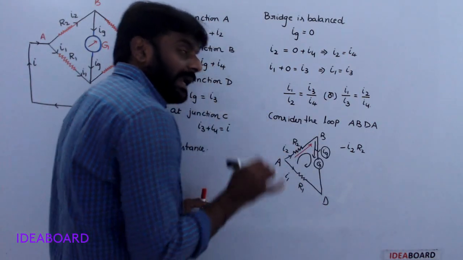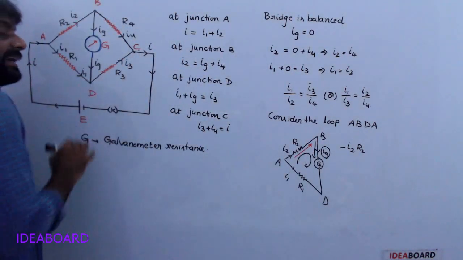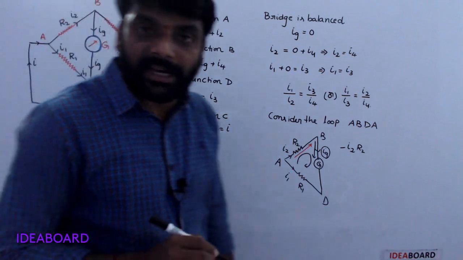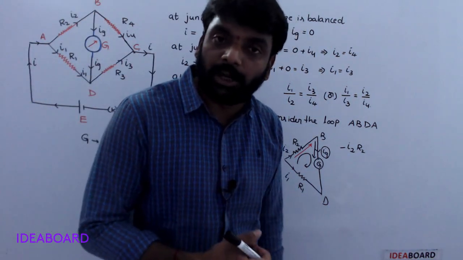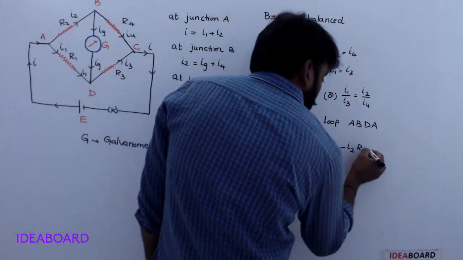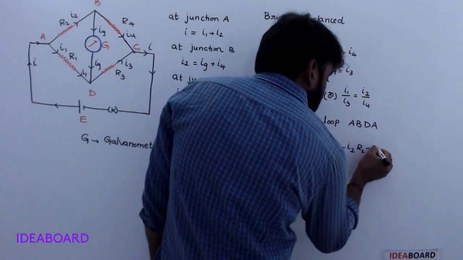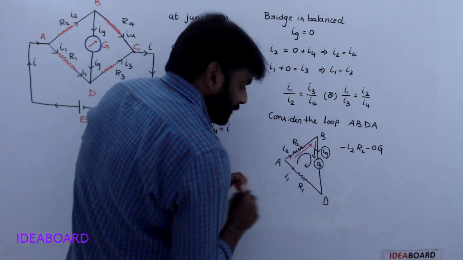Zero. Why? Because B and D are maintained at the same potential. That's why the galvanometer current is equal to zero. So it is 0 minus 0 into G, again opposite to the current direction.